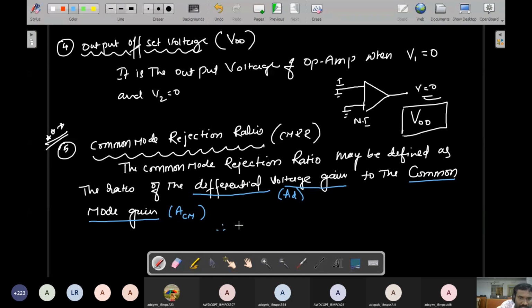So therefore CMRR is equal to mod differential gain divided by mod common mode gain. Okay, so this is the most important formula. This is called common mode rejection ratio.